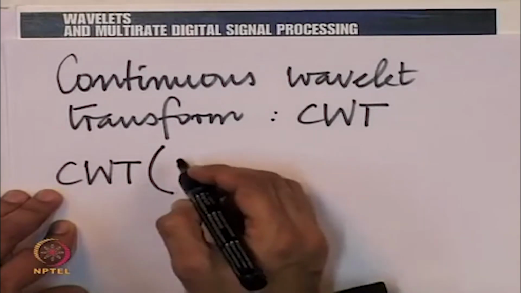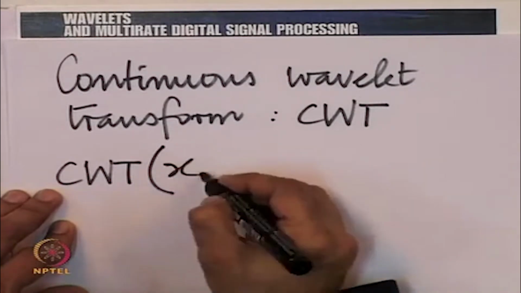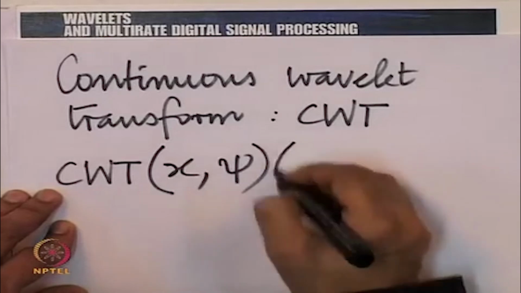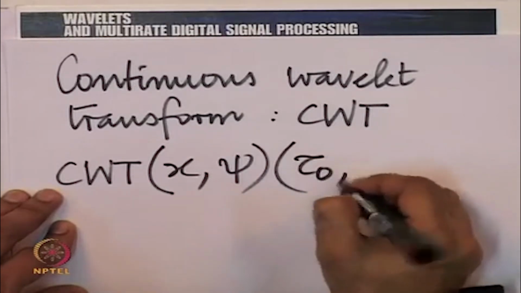So, CWT will have the secondary arguments x and psi and the primary arguments tau naught and S naught.